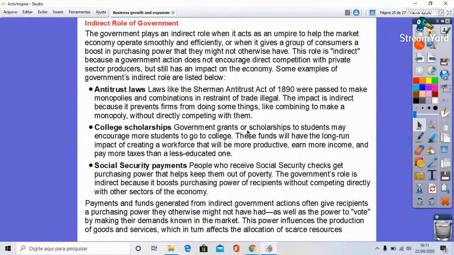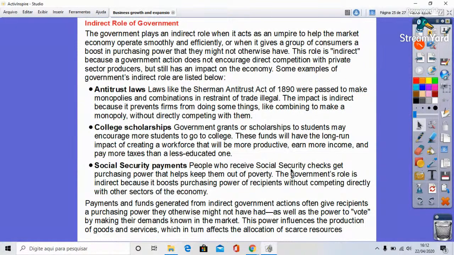Government grants or scholarships to students may encourage more students to go to college. So they give scholarships to students. These funds will have, in the long run, an impact on creating a workforce that is more productive. So indirectly, by giving scholarships to students, these students will be better prepared for the workforce, for the market, and therefore have better income.